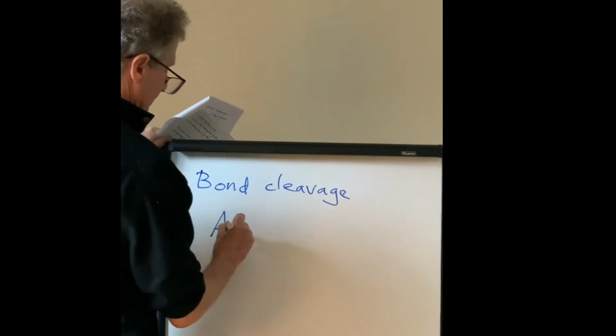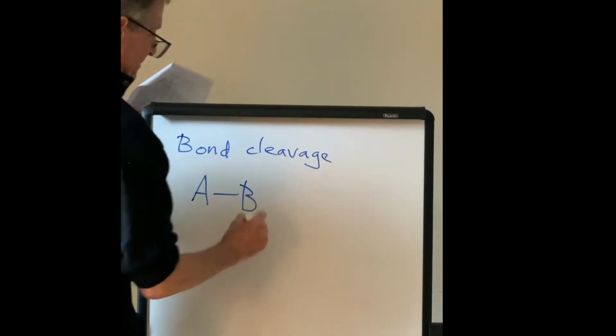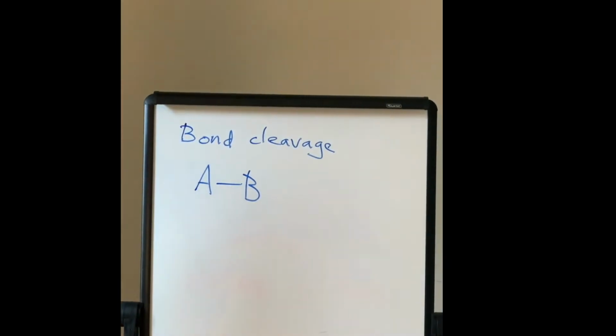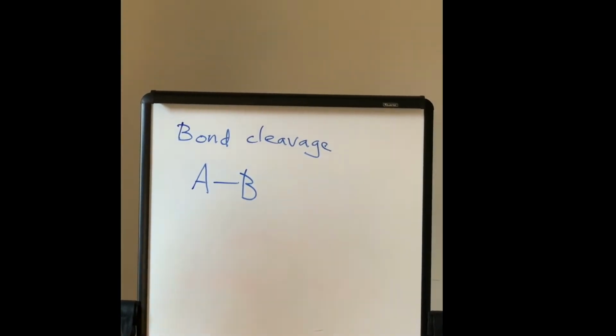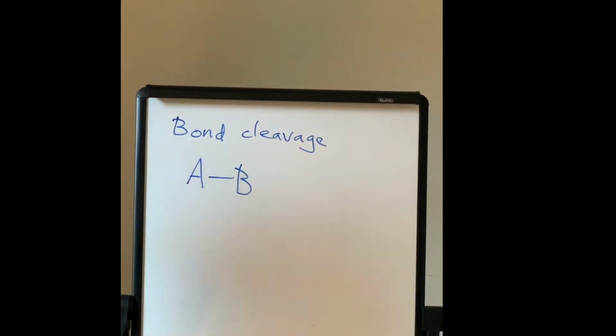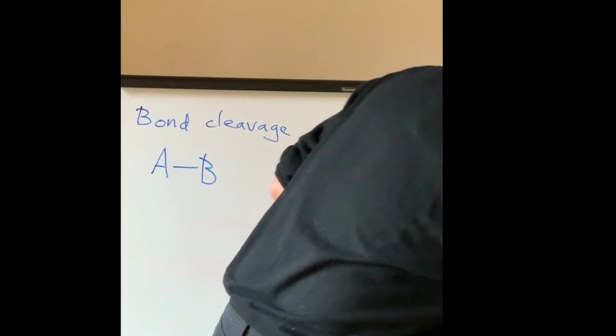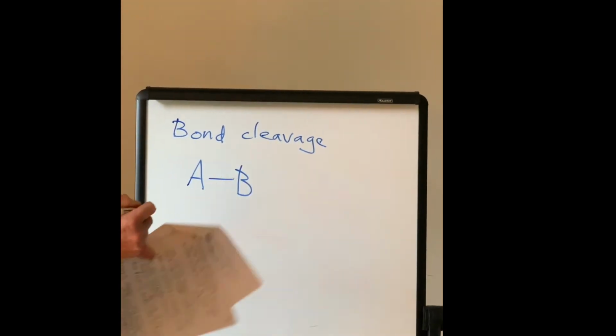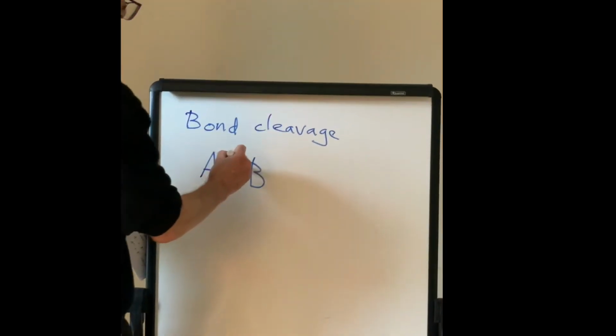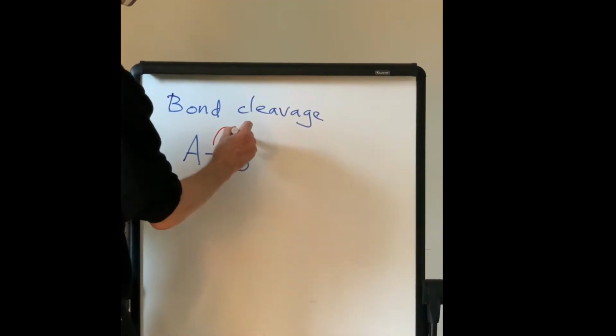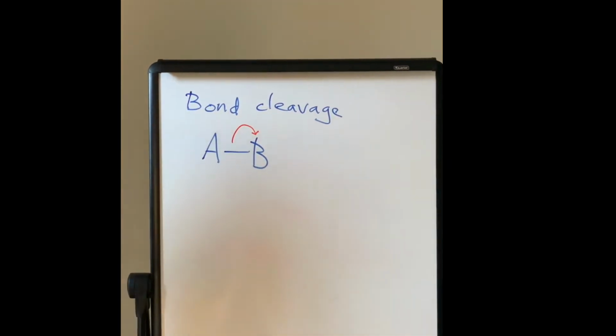If A is bonded to B, there are a couple ways that that bond can break. And I want you to get used to this because it's useful, a curved arrow notation.